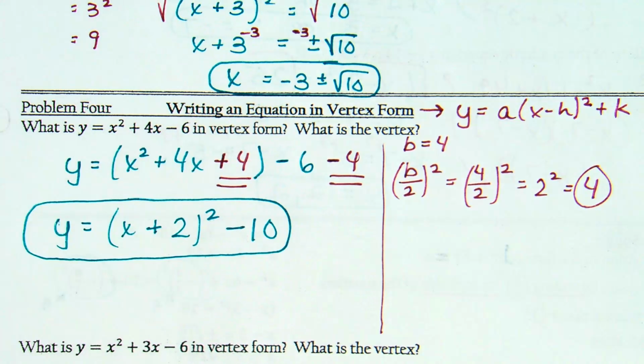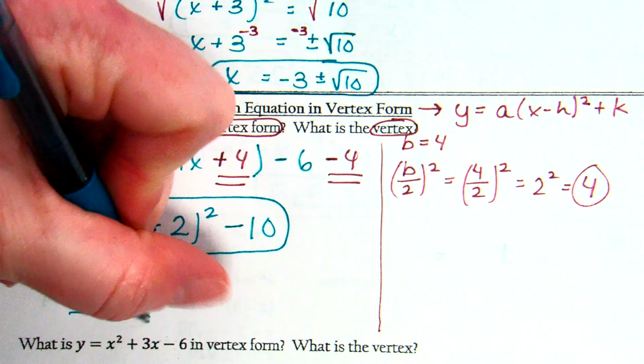Negative 10. Because you change the sign on H, right? If it says x plus 2, we're going to use negative 2, and you keep the K as is. So you keep the negative 10. So the vertex is negative 2, negative 10. If you're kind of understanding the completing the square process, this one's not a whole lot different. Okay, it's just getting it all straight.